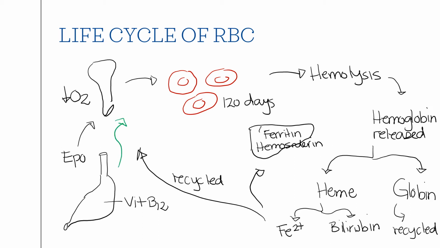However, like I said, we don't really focus on this part. Deficiency of vitamin B12 that will affect RBC synthesis results in pernicious anemia. So really for this class, our focus is looking at depletion of iron stores, which is ferritin or hemosiderin, and how iron plays an important role in RBC production, or in the process of erythropoiesis.